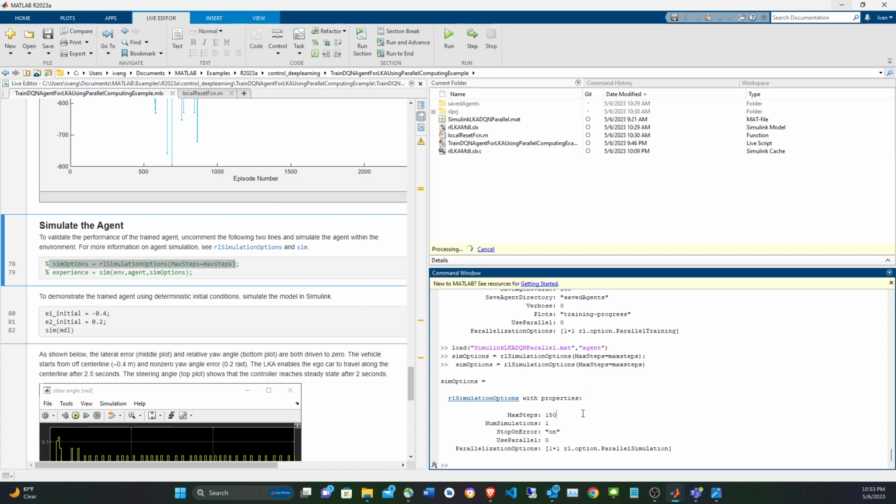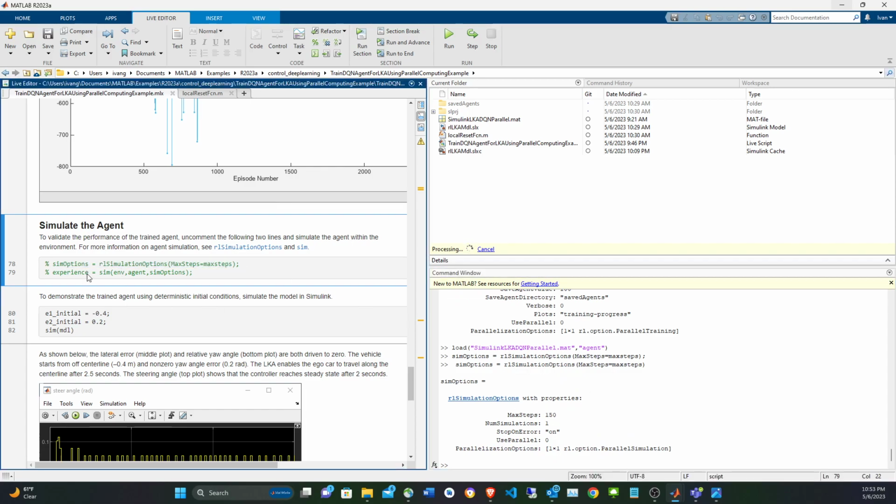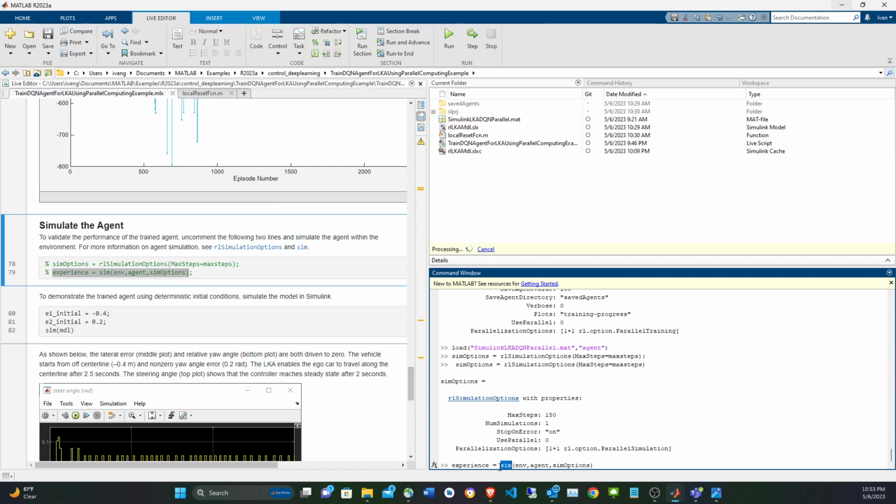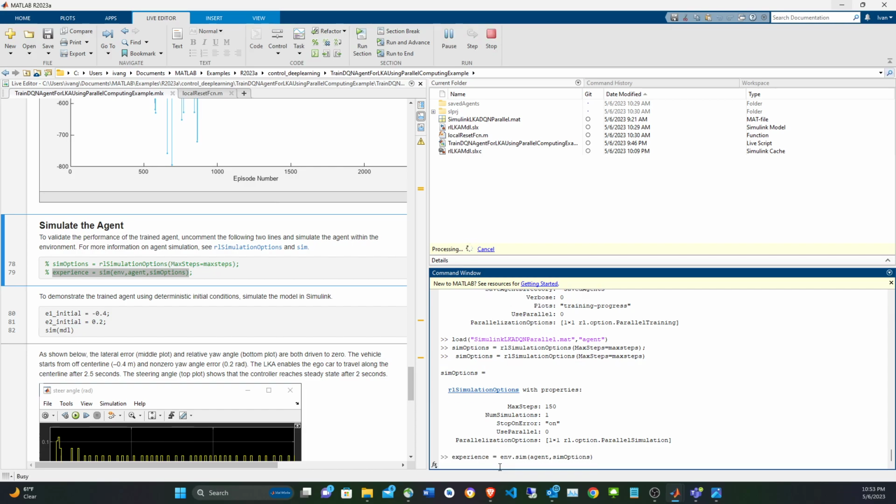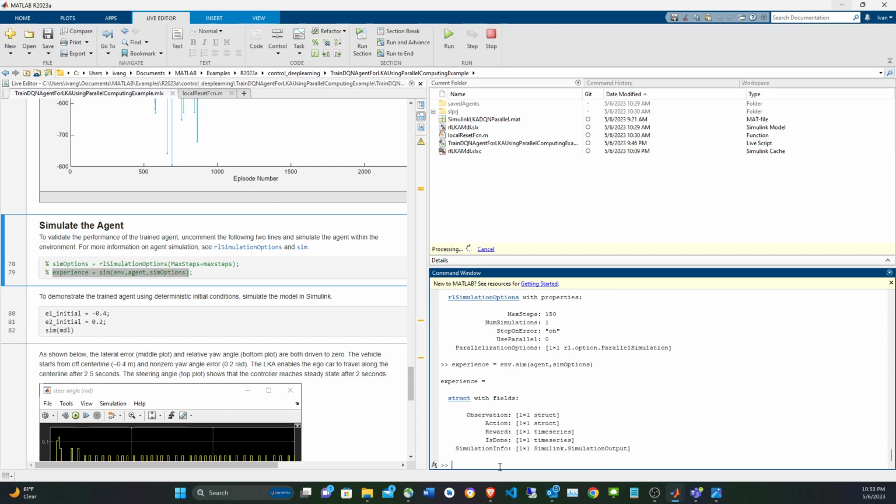We're going to do 150 steps, and let's just simulate this. And sim is a method of the environment, so you can do it like this. It's a method that takes as input the agent and the simulation options, and it's going to give you the experience. And we're going to see how the experience progresses. That experience is going to give you the reward.